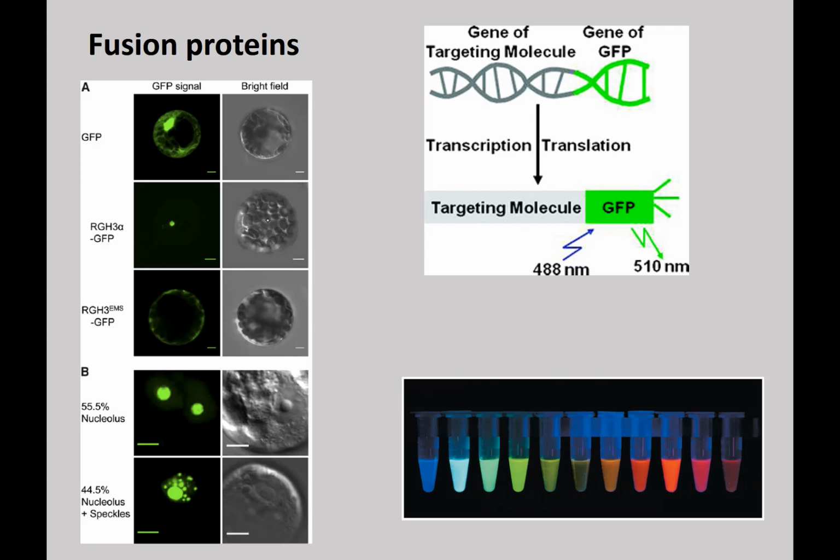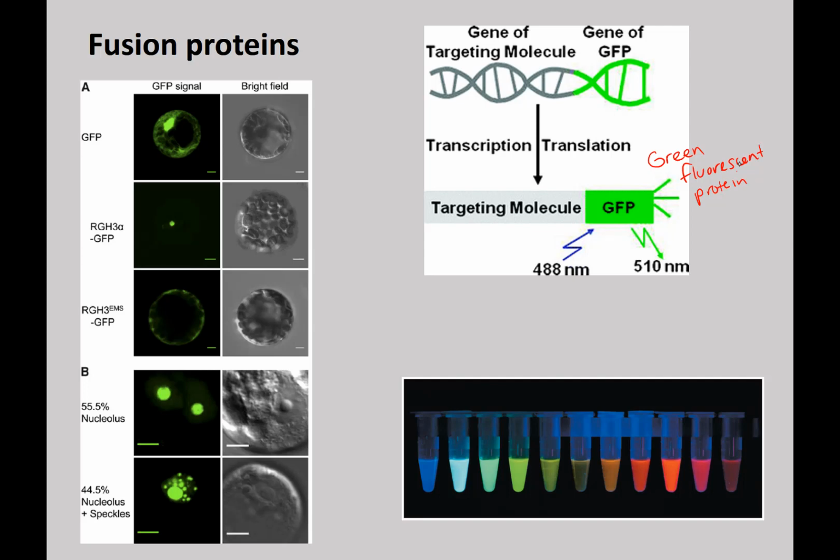So let's talk about the two techniques from these two chapters. One is making a fusion protein. In this case, we're using green fluorescent protein, GFP.